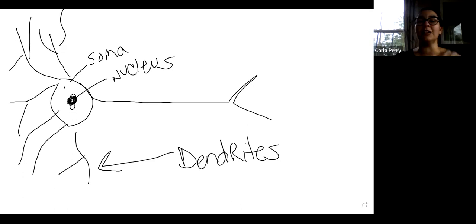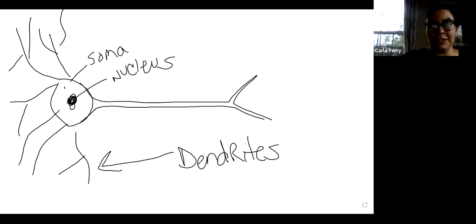So the soma, or the cell body, contains the cytoplasm, the nucleus, and all of the organelles of the neuron. And then, actually, let's make this more like a tube structure.